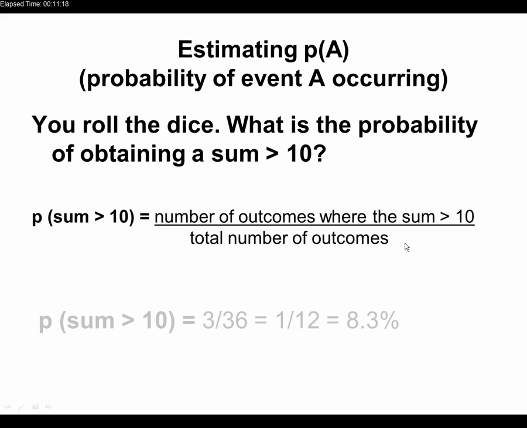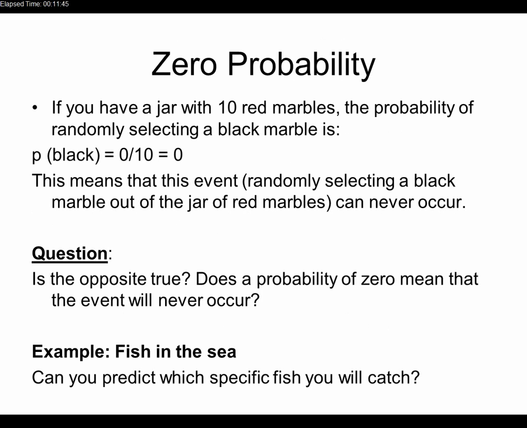They each have 6 sides, so 6 times 6 is 36 total outcomes, and there are 3 favorable outcomes. You can roll a 5 and a 6, a 6 and a 5, or two 6s. So it's 3 divided by 36, which reduces to 1 divided by 12, equals 8.3%.